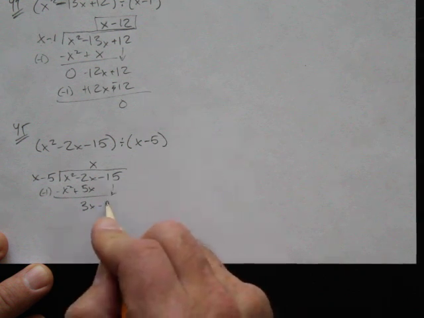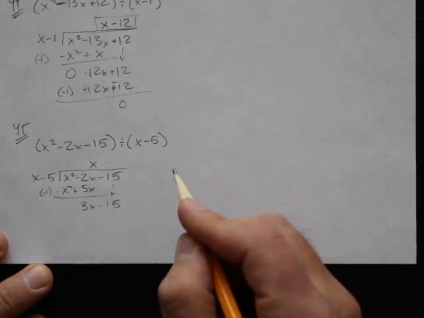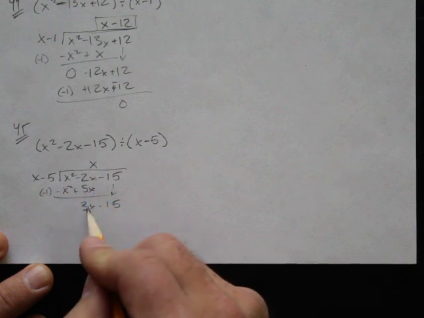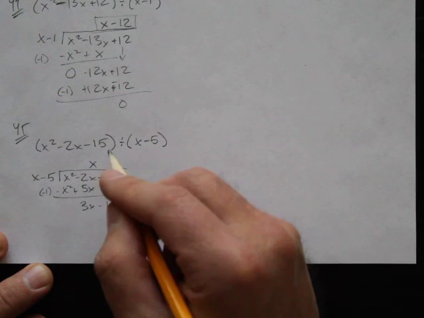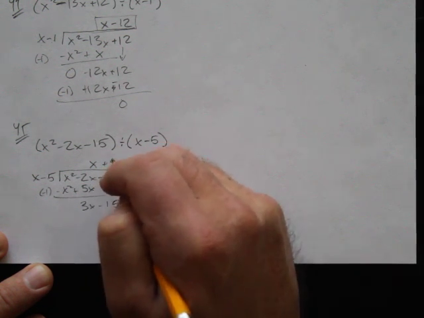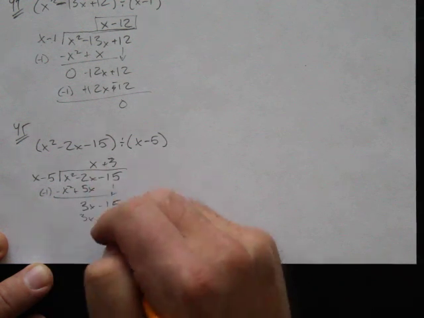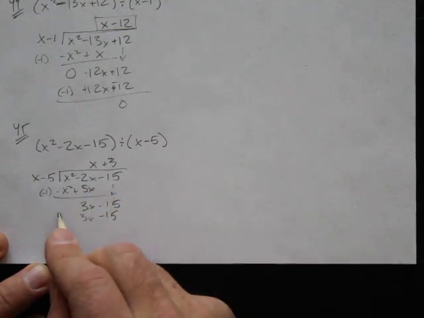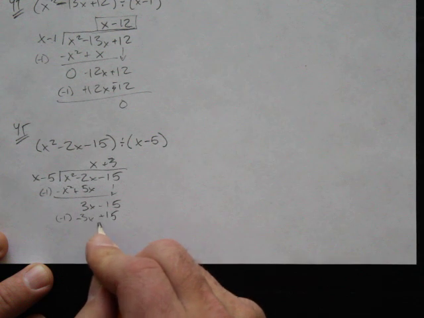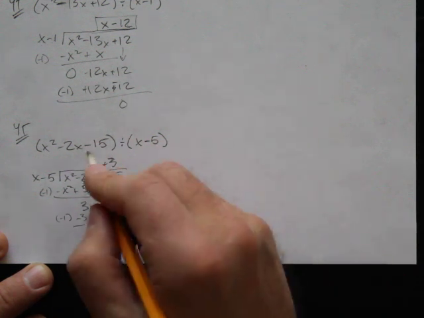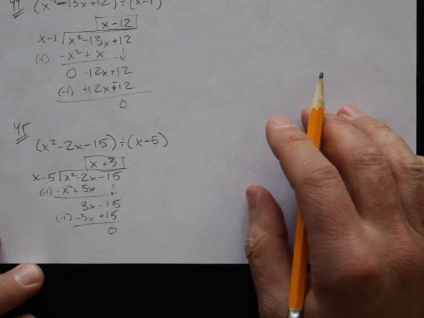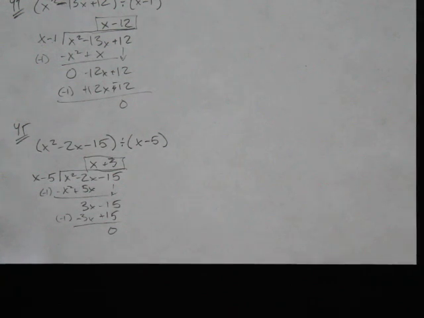Bring down the negative 15. I need to multiply this by 3 in order to get 3x, so I'm going to add 3. 3 times x, 3x. 3 times negative 5, negative 15. Multiply by negative 1. Switch these signs. I end up with 0. And so x plus 3 is my answer for that you try.